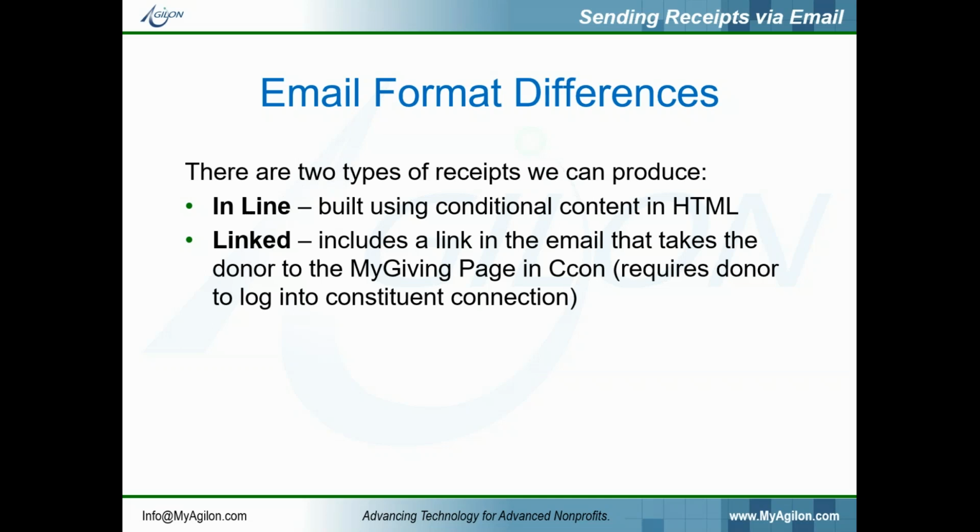But instead of having the detail of the receipt right in the email, there will be a link in the email that they will click, and that will take them into Constituent Connection, where they will log in using their Constituent Connection login credentials. At that point, they'll be taken to the My Giving page, where they can print the receipt that they are being alerted about, or any receipt from their history, or produce a summary receipt. So a little bit different method to go about those.